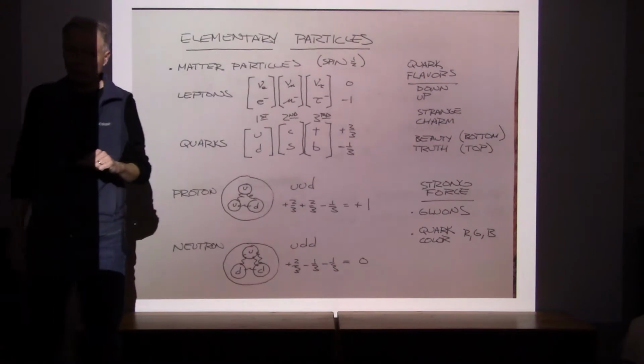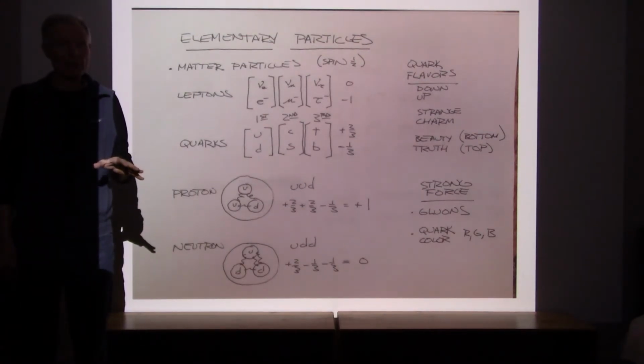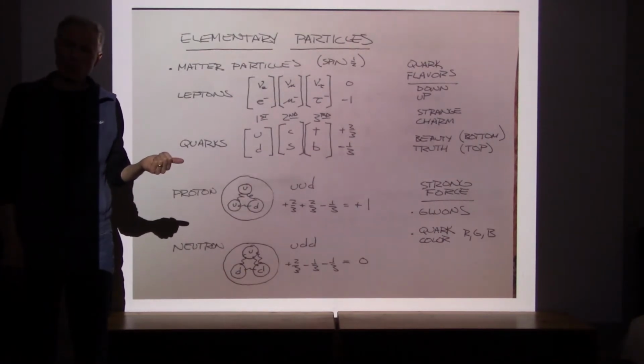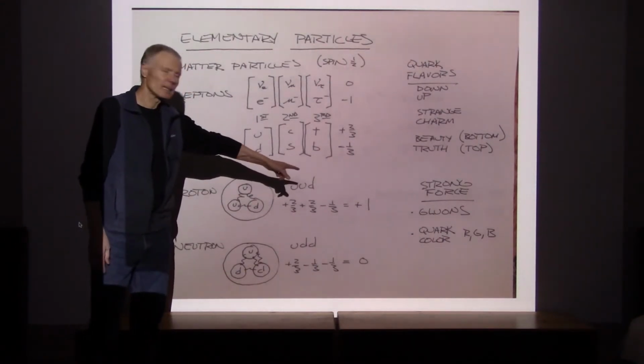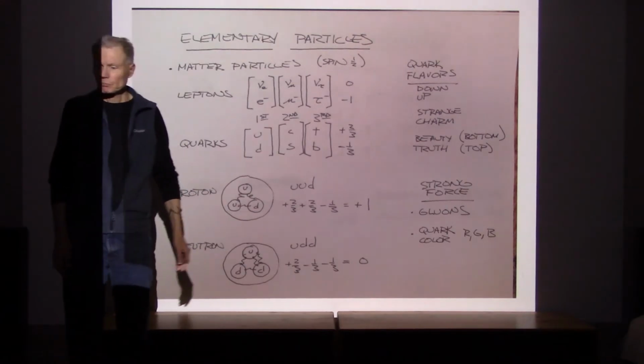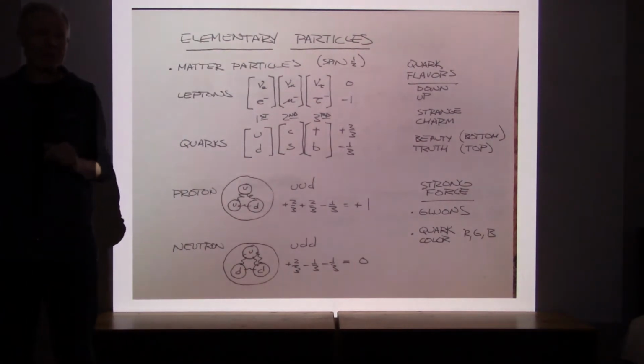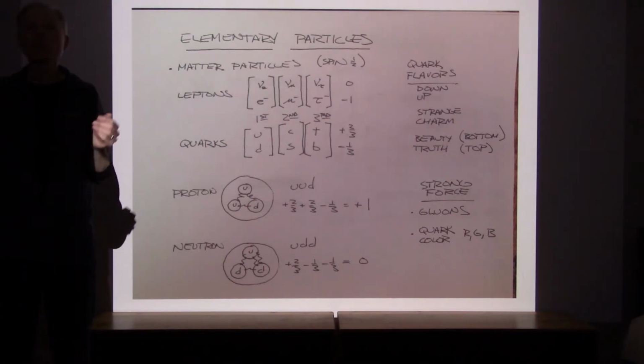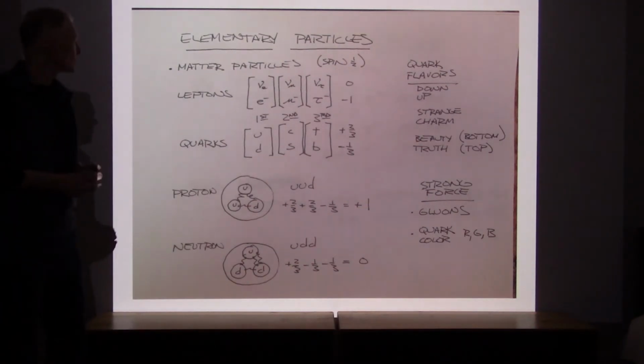Even though they have fractional charge based on the fundamental charge e, all the combinations of quarks always work out to be integer values. So if you take 2/3 and minus 1/3, and you try all the different ways you can take 3 of those and add them together, you always get an integer value. So all the observed particles in nature have integer values of charge.